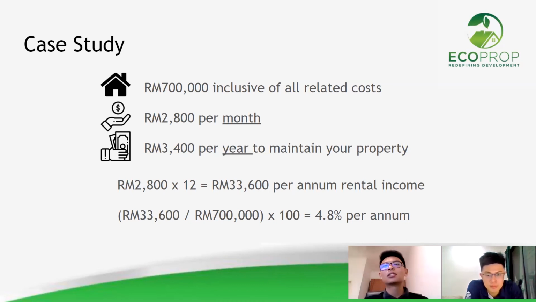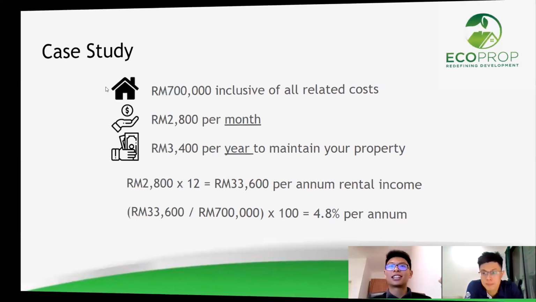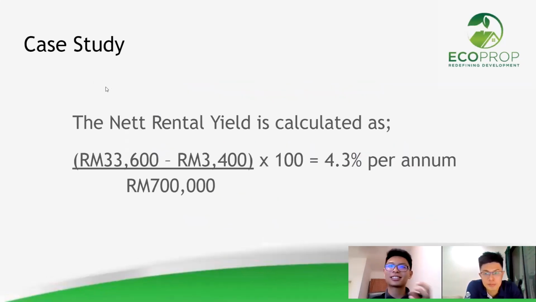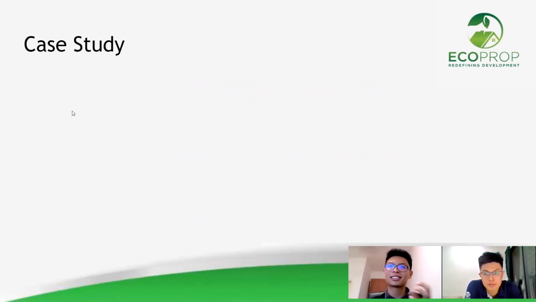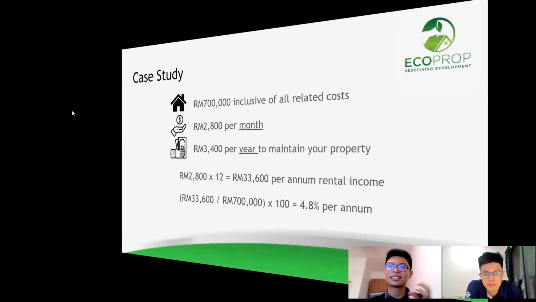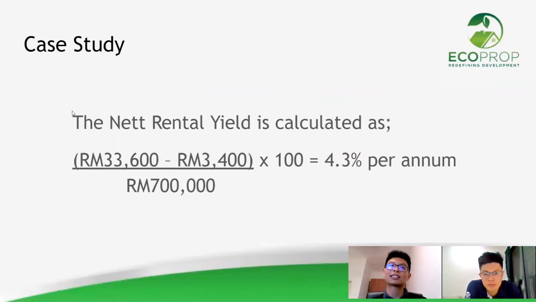Moving on, we want to compare with the net rental yield. If you follow these two different formulas, you get a slightly different answer, because just now it was 4.8%, but the net rental yield is 4.3%. So there are slight differences here.